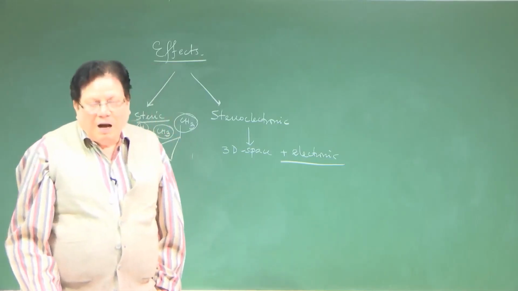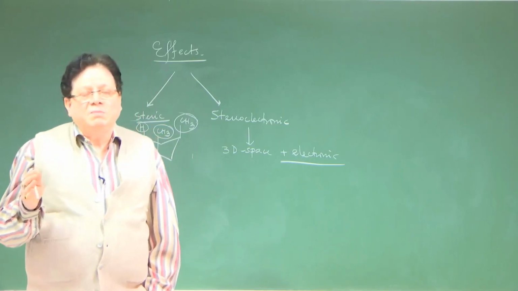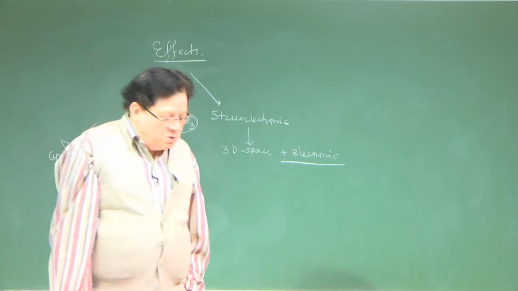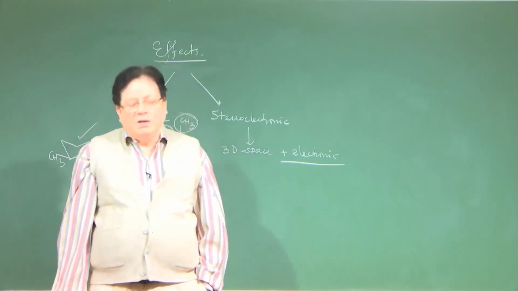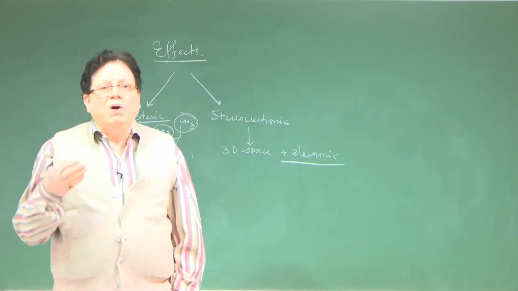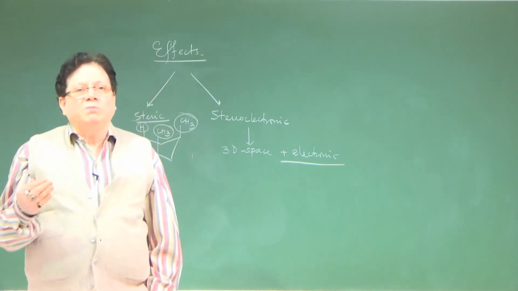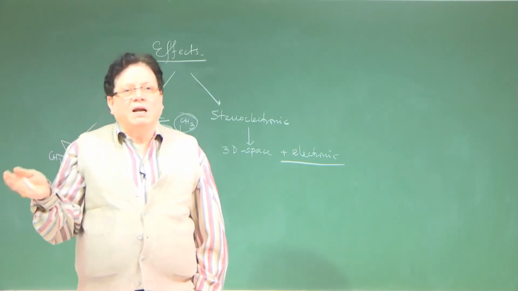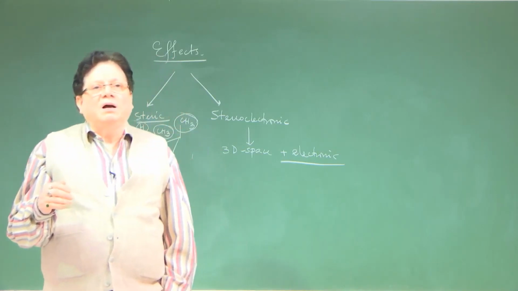That is the repulsive case, when there is electron-electron interaction. Sometimes the molecule adopts a conformation where there is a possibility of extra overlap between some orbitals which was not possible in another conformation. That is a stabilizing effect.